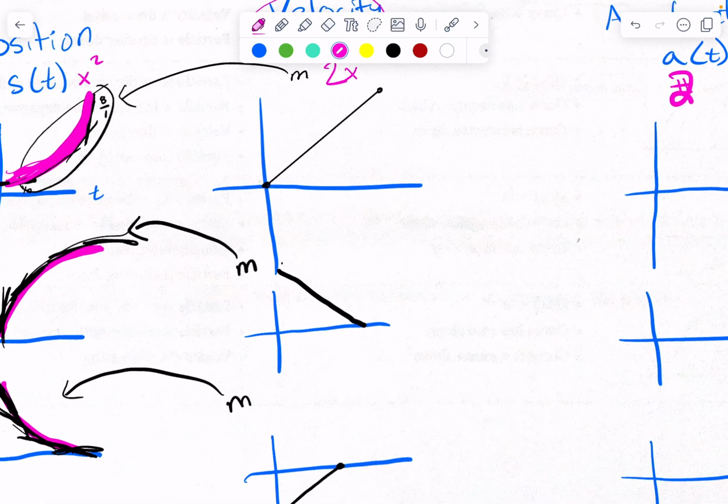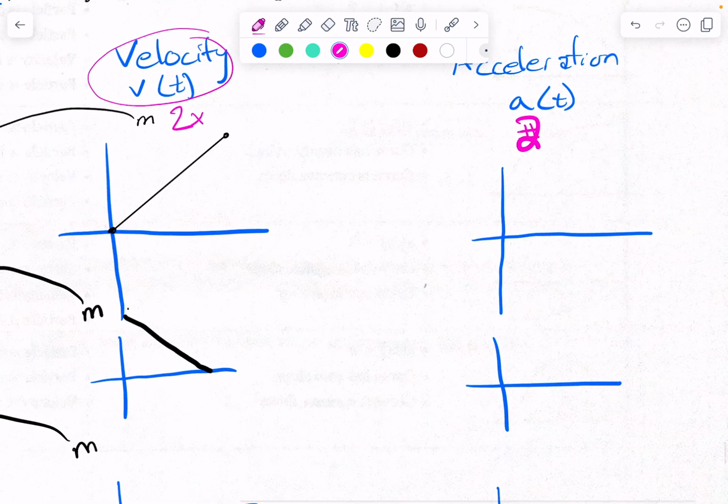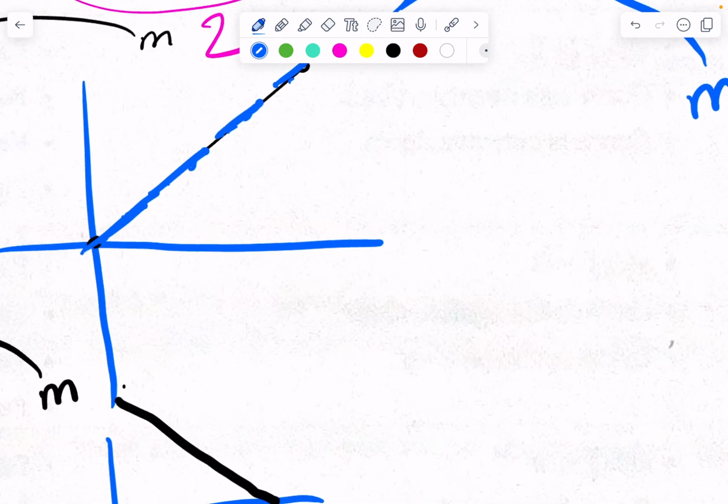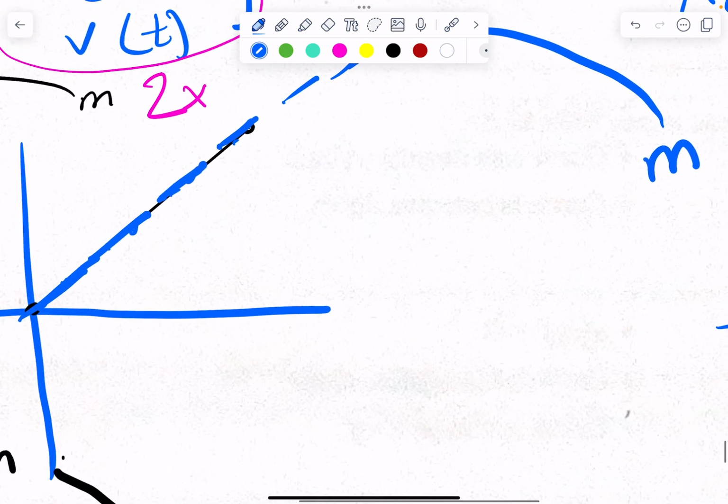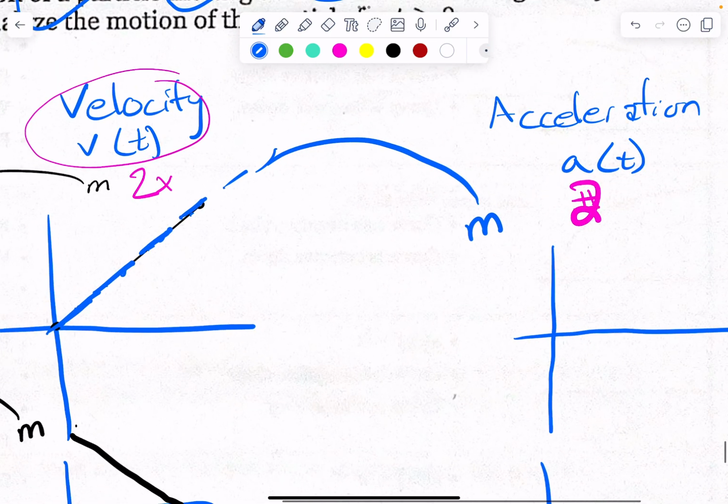Okay, so let's talk about the acceleration in relationship to the velocity. So acceleration is the derivative of velocity, and derivative is the slope of the tangent lines. So if I draw dots along here, my tangent lines are going to be all the way along the graph. And each one of these tangent lines that's touching all the dots along that graph are all going to have the same slope, which means my slope is going to be constant, right?